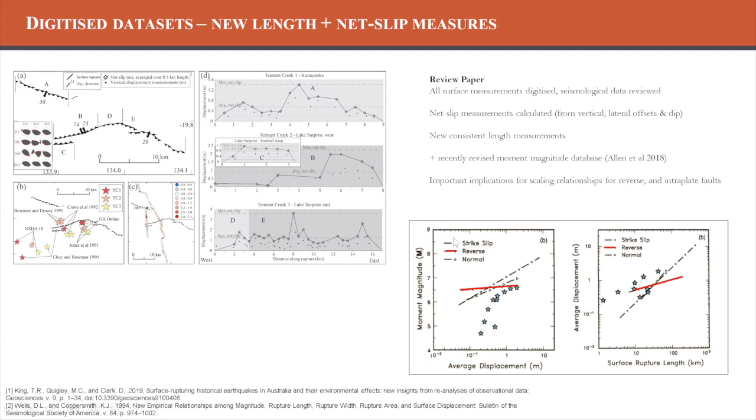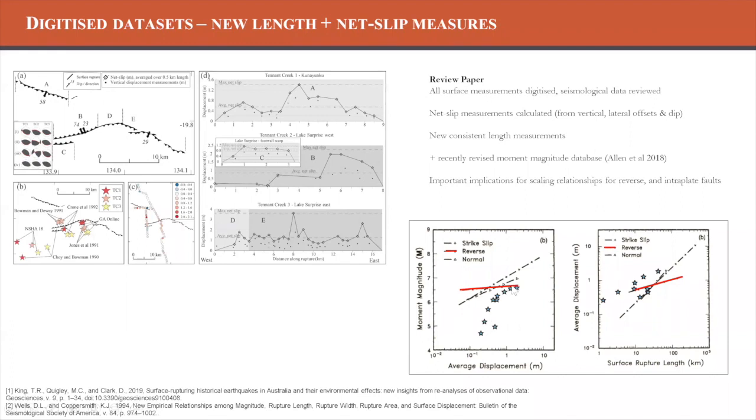One of the reasons we study surface rupturing earthquakes is to get these length and offset and moment magnitude data that we can build into scaling relationships, so that when we look at a paleoseismic rupture, we can say, well, if it's 20 kilometers long, we expect this much displacement from this big of an earthquake. But when we look at the new data for Australian earthquakes that were measured in this consistent way, these are all of them coming down here.